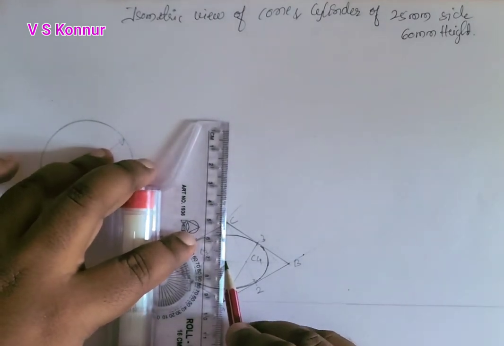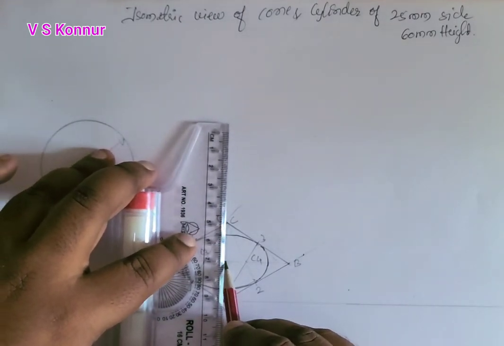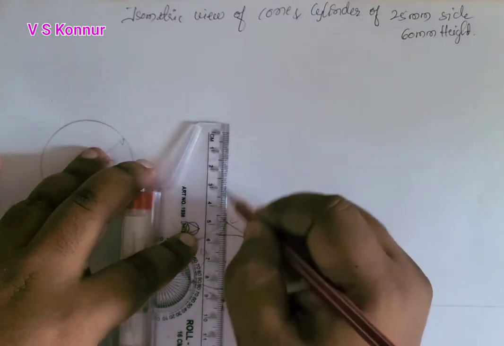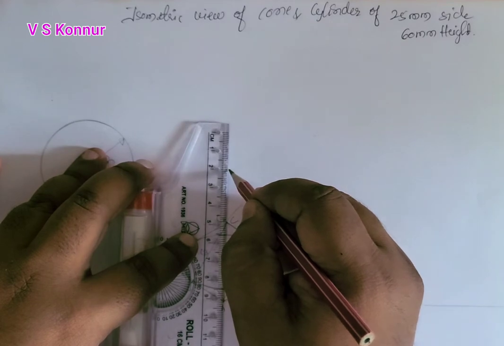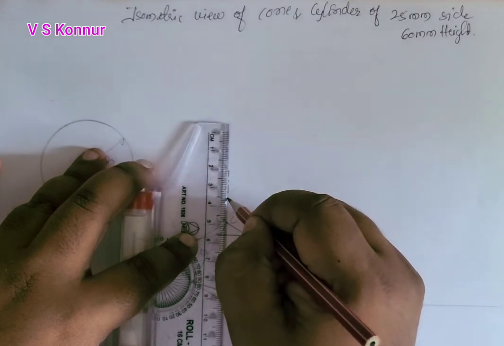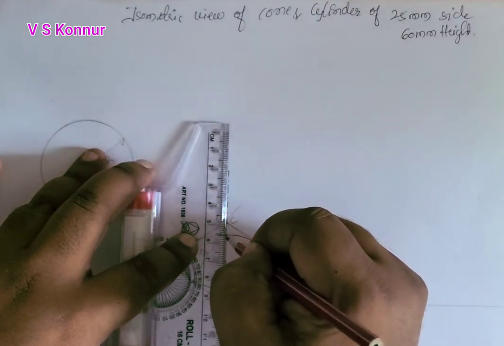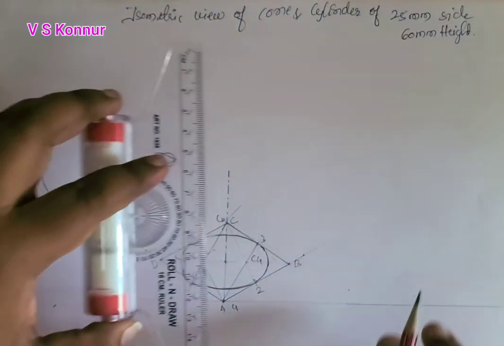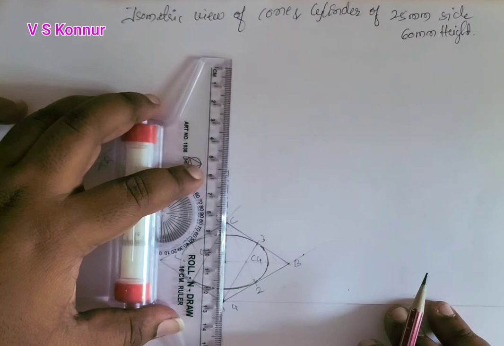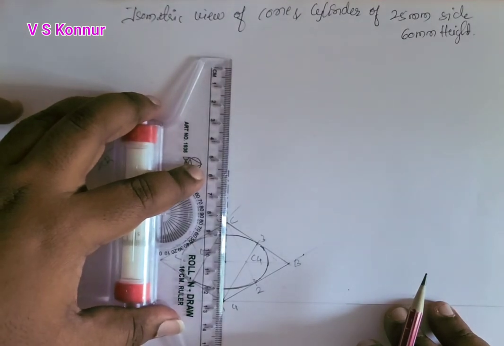First we'll take the height. So height I have taken. Now parallel to the height I will transfer all the lines.